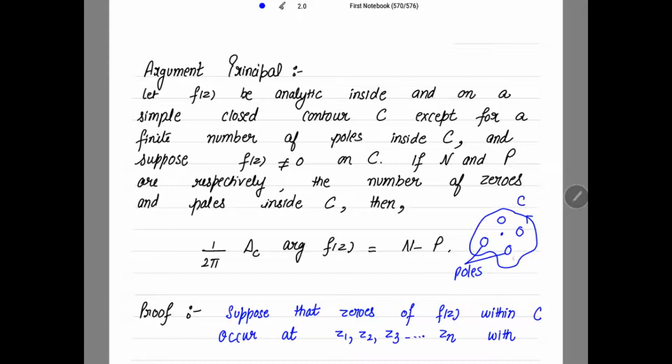Except these poles, everywhere the function is analytic, right? And f(z) is non-zero on C.